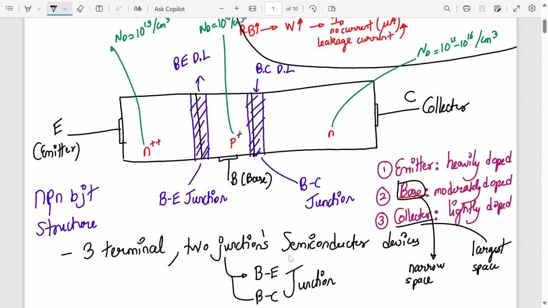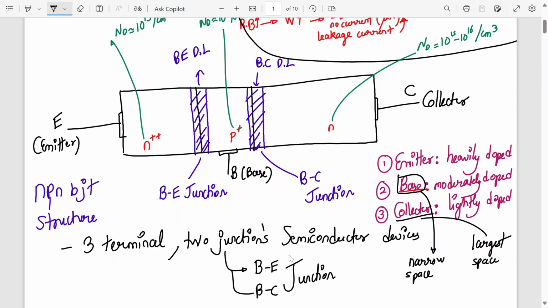Emitter is heavily doped, base is moderately doped, collector is lightly doped. The base is having the smallest area or the narrow space, and the collector region is a very large space.